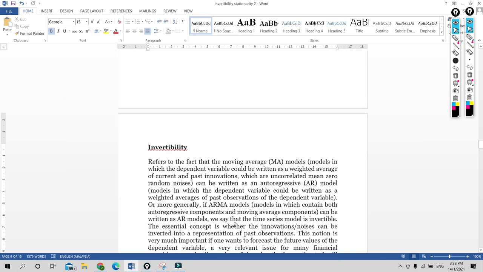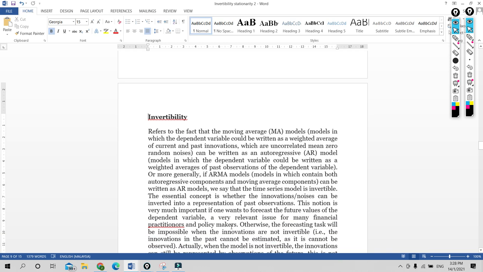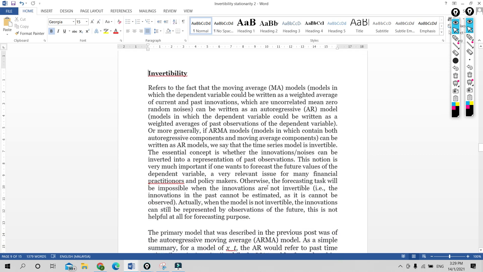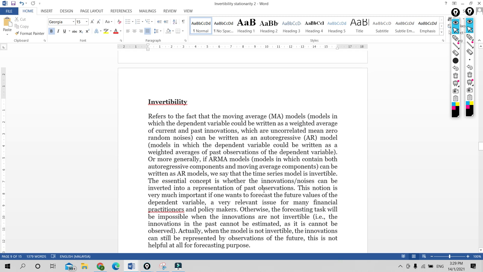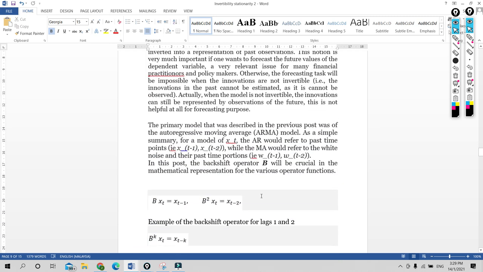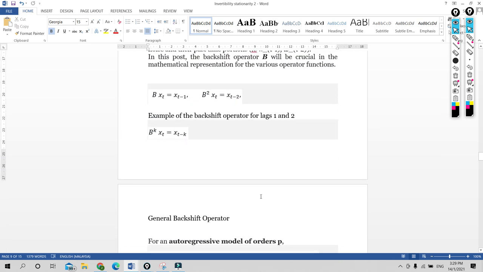Then it is considered invertible. How do we determine whether the data is invertible or non-invertible? We have to apply the unit roots method.